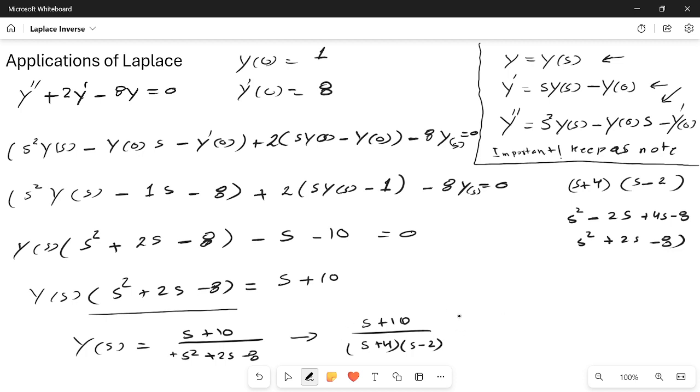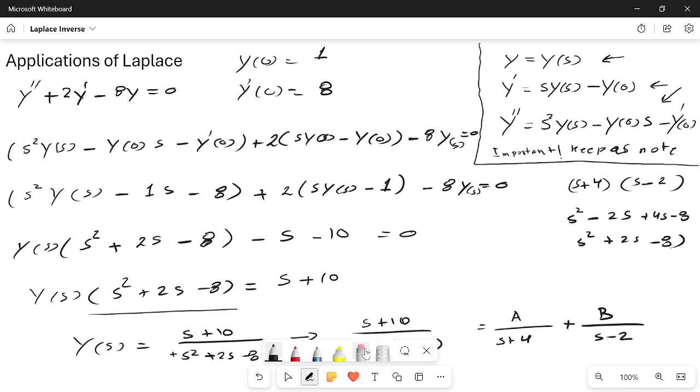Now this is not a normal Laplace transform fraction. What we have to do is use partial fractions. So we say a divided by s plus 4 plus b divided by s minus 2.